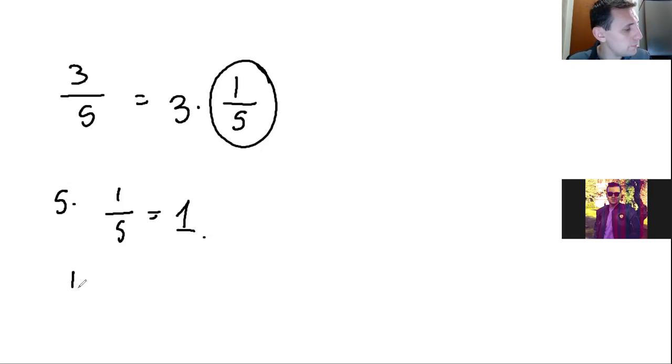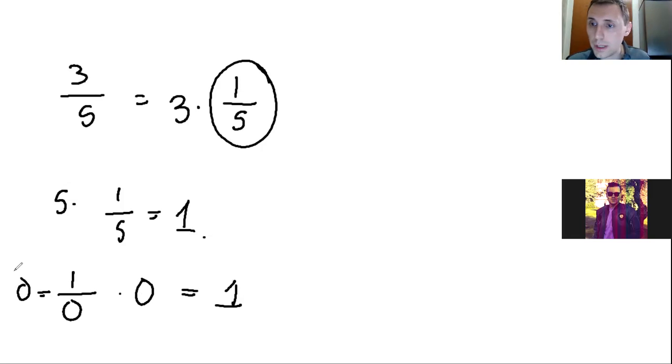Now, what about 1 over 0? This is saying multiply me by 0 and get 1. But if I multiply this by 0 and do indeed get 1, that would also mean, from the previous theorem that anything times 0 is 0, that 0 equals 1. That's a contradiction. Do you understand, guys, how the contradiction works? 1 divided by 0 means the expression is saying multiply me by 0 and get 1.